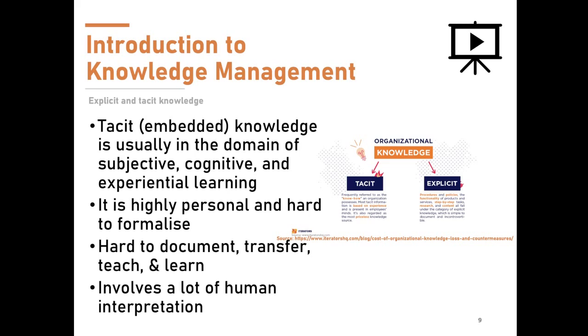Tacit knowledge, on the other hand, is the know-how and insights that are harder to describe or write down, and they are harder to share. The ways that tacit knowledge can be shared are through conversations, trainings, and social interactions.